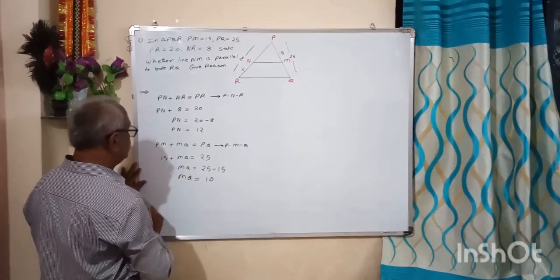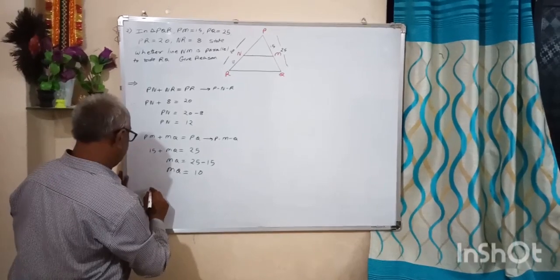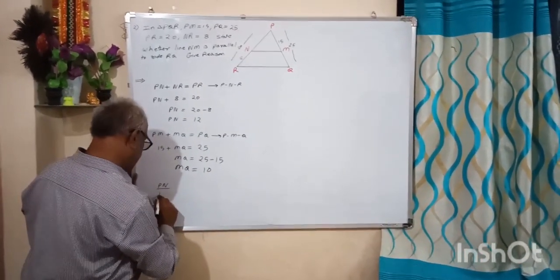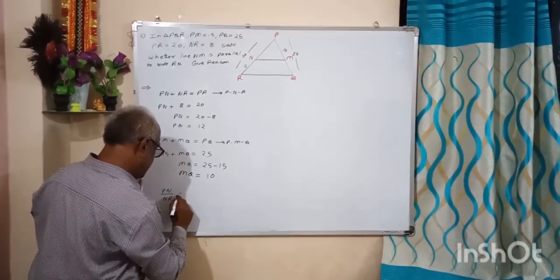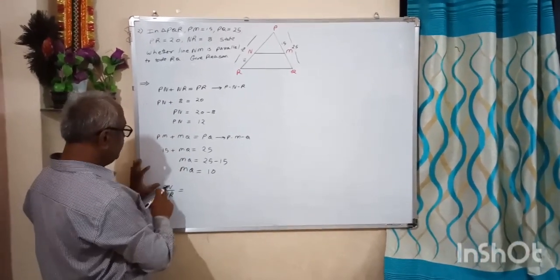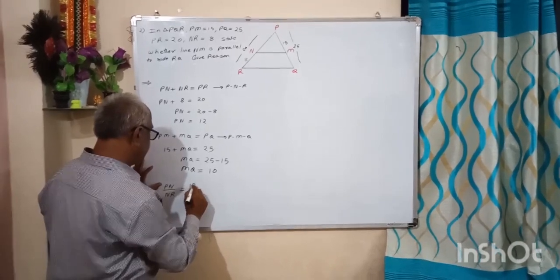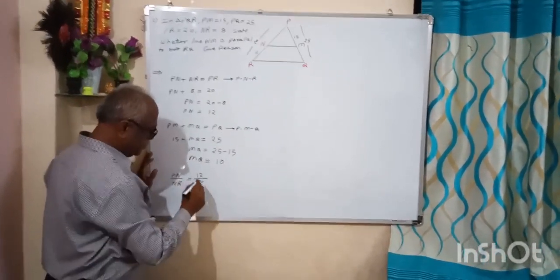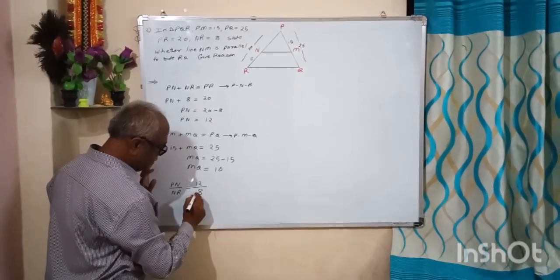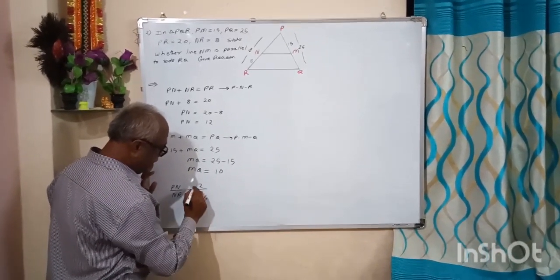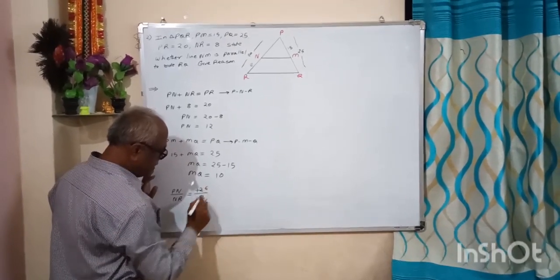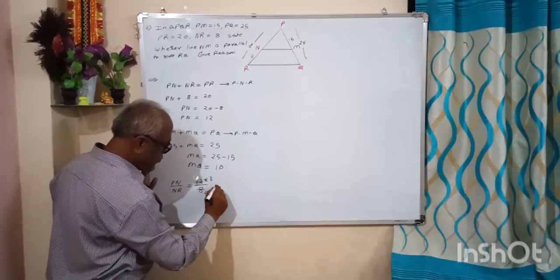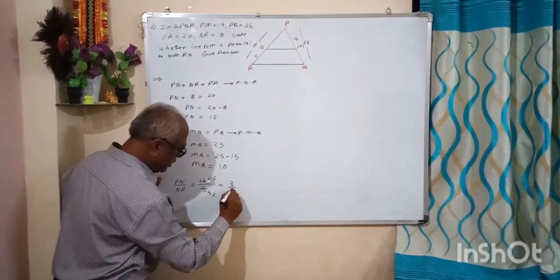Therefore, now PN upon NR is equal to PN we calculated, that is 12, NR is given, that is 8. Now you can do the cancellation. 2 4s are 8, 2 6s are 12, 2 2s are 4, 2 3s are 6, which is equal to 3 upon 2.